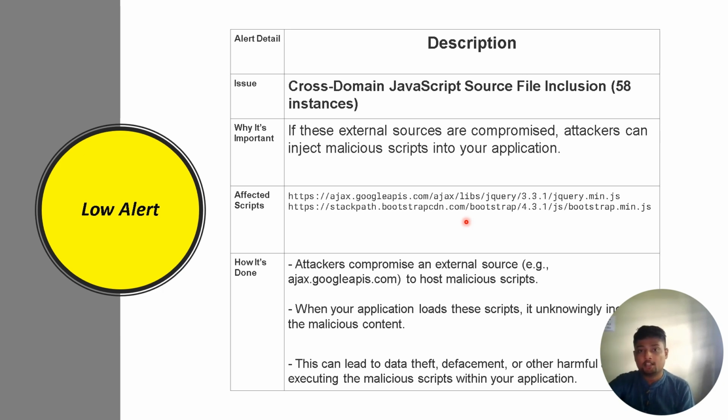If those external scripts are compromised by attackers, then they will be able to run malicious code within our application as well. It will hamper our application's integrity as well as the confidentiality of the data within our application. This is not that common, but it is a possibility, so ZAP has made it a low-level alert.